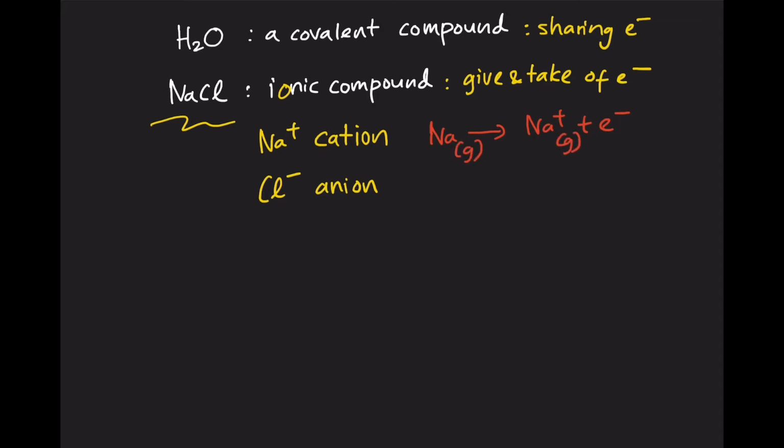On the other hand, for Cl-, the opposite happens, so Cl will receive one electron and therefore become Cl-. So this is also in the gas phase.